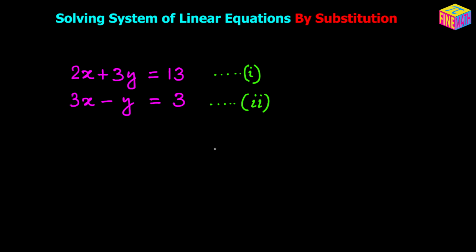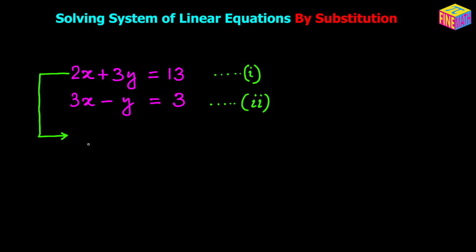The process here is that we want to find the value of one variable from one of the equations, and then in the other equation we are going to substitute that. From the first equation here, let's try to find out the value of x. So let's do it.